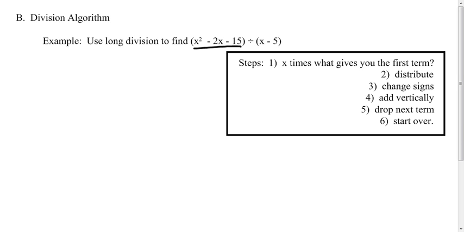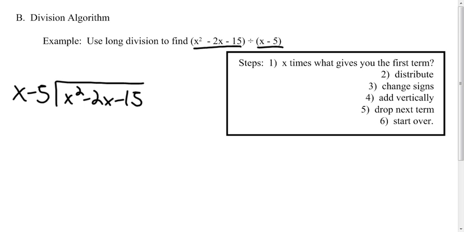So again, we have our dividend and our divisor. We put our divisor on the outside, our dividend on the inside, and then just apply how each of them works. So again, we always looked at the first one first, and we said that we're looking at how x would go into x squared.